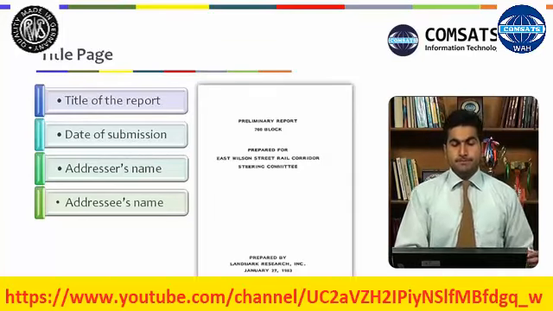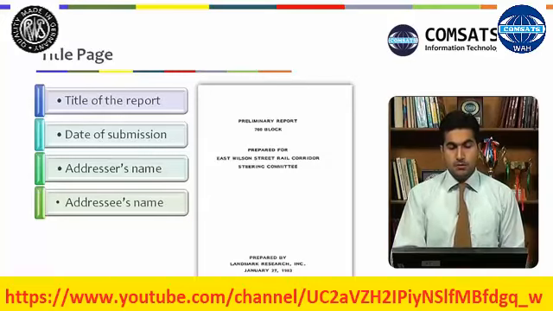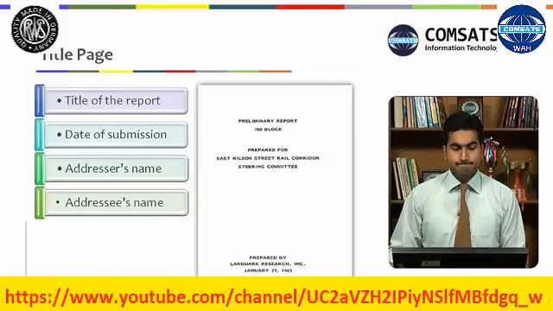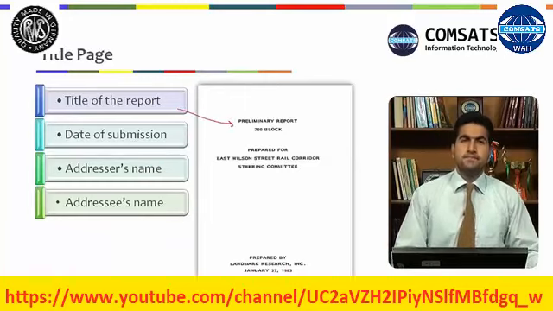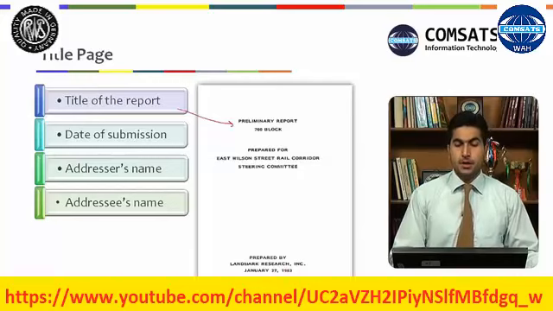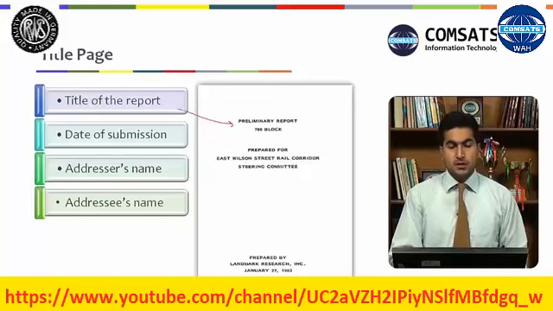So if you look at the example right here on the right side of this page, you can see this is the title of the report. Then if you move onwards, what we find here is prepared for East Wilson Street. So a reference to the target audience for whom this report has been prepared. So we can say now we have the details of the addressee as well.